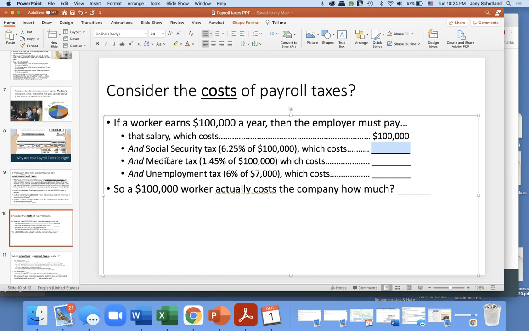And the company has to pay the Medicare tax, 1.45% of 100,000, which costs how much? And the company has got to pay an unemployment tax. That's 6% of $7,000, which costs how much? So a $100,000 worker actually costs the company how much in total?